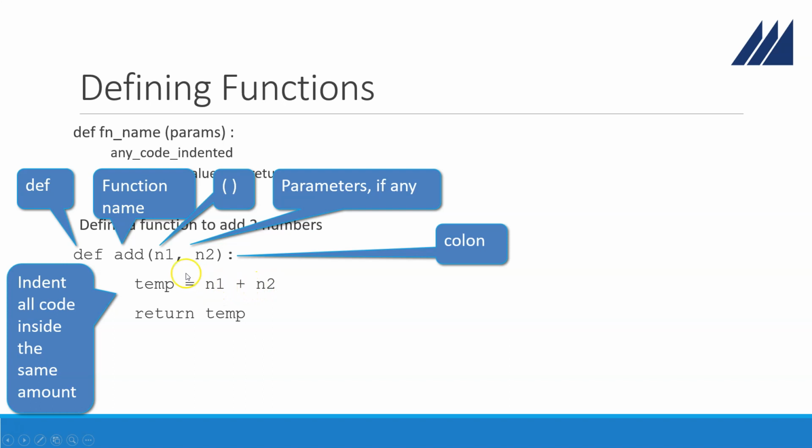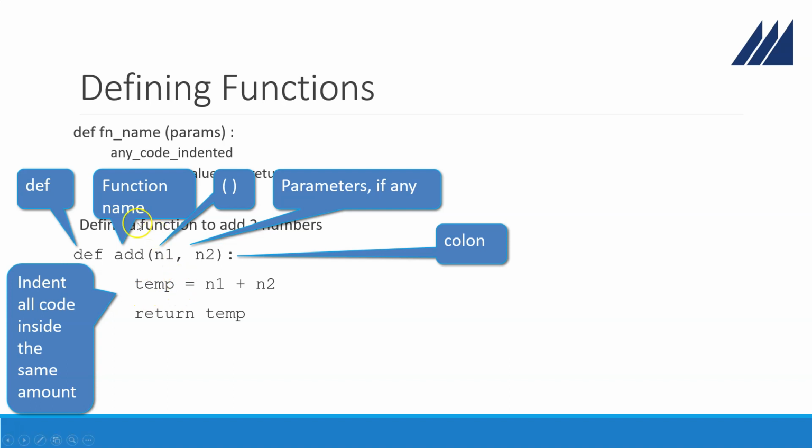What is n1? n1 was passed in the header when the user called the function. n2 is the same thing. They are the parameters, the arguments that I have. Then I calculate the addition of these two numbers, store it in temp, and then return the temp. We're going to talk about the return statement later on, but this is one example of functions.